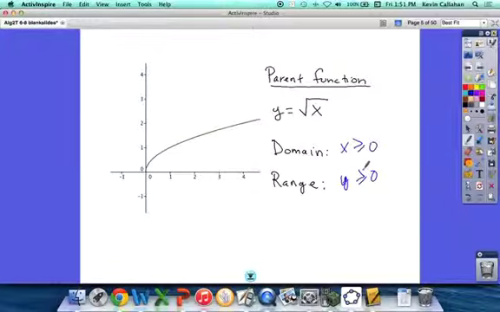And that should be obvious from this, right? You should be able to look at a graph and tell the domain and range. If the graph starts at 0, 0, and only goes up and to the right, then the domain is x greater than or equal to 0. The range is y greater than or equal to 0. If you get comfortable looking at a graph like that, that makes things a lot easier, because a lot of times you can just look at the graph and tell the domain and range.